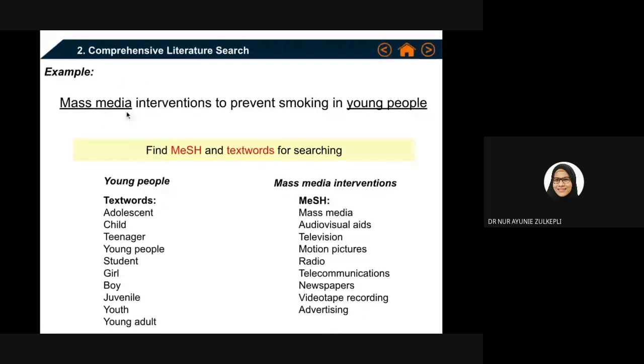Because when you want to focus on mass media, it doesn't necessarily have to be TV only. It has other terms related to mass media. So you need to find this out, and then your literature review will be much more interesting, okay?